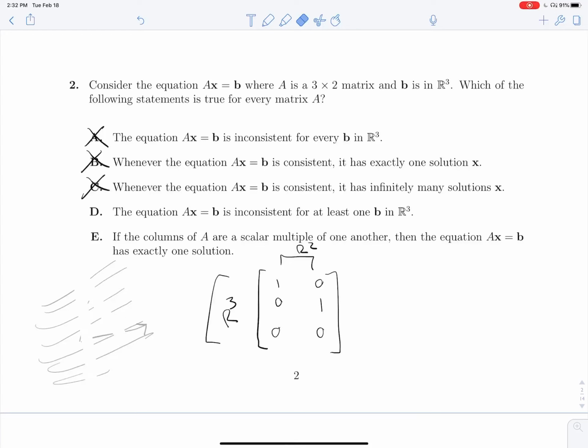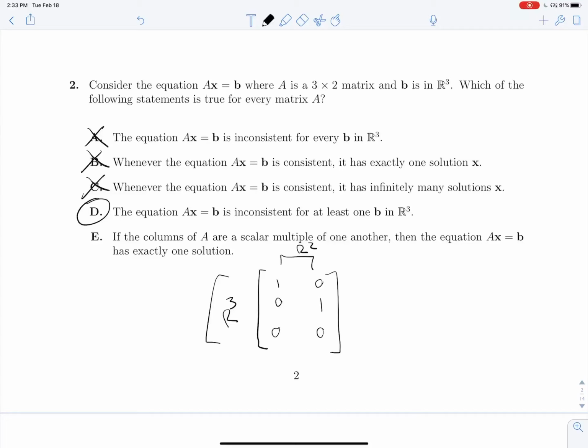And there is no way to span all of R3 with only two vectors. So no matter what, our span is either going to be a single point, a line, or the plane spanned between two of these vectors, but there's no way for us to span all of R3. So D is correct, it will always be inconsistent for some b.